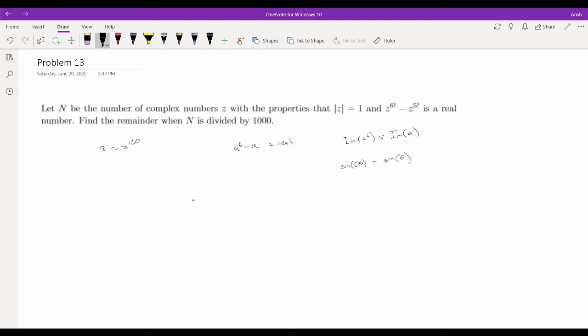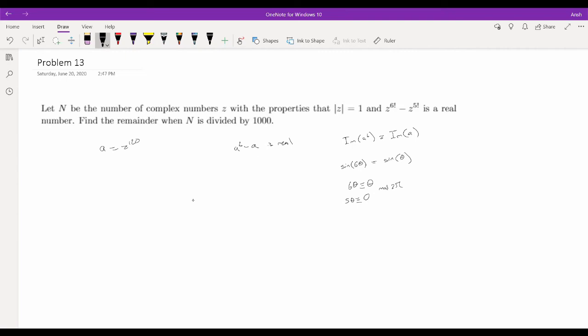This leads us to two solutions. We have 6 theta equals theta. That's one family of solutions, which gives us 5 theta equals 0, plus 2 pi k on both sides, obviously. So this gives us a family of solutions, in this case, the 5th roots of unity.